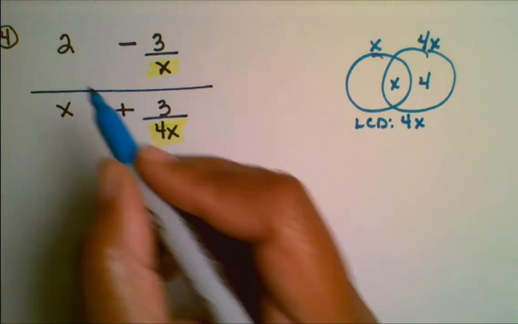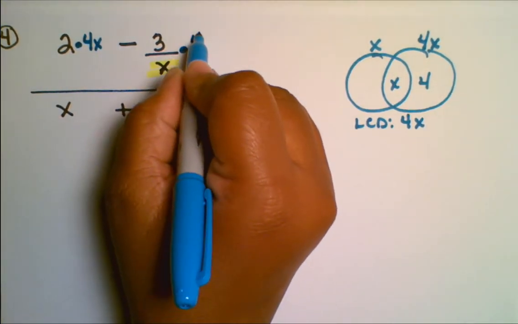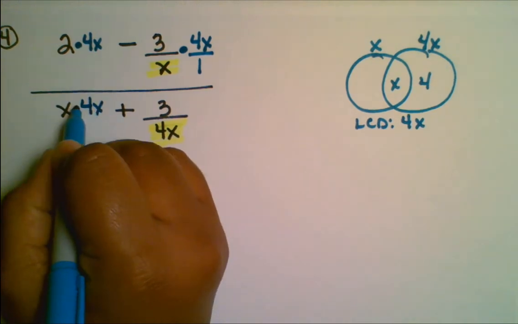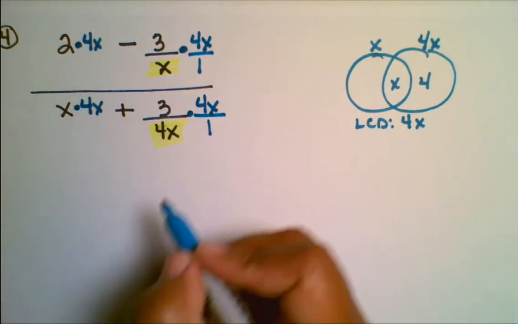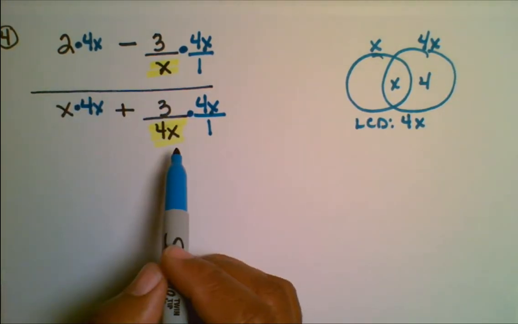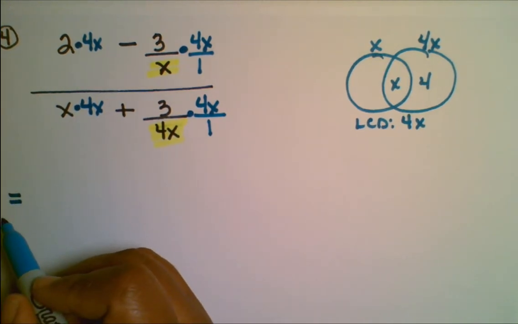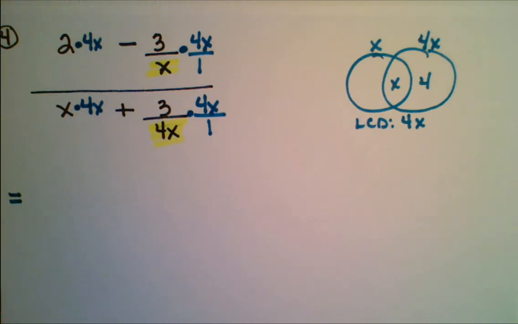So we're going to take the 4x and we're going to multiply it to every term we see. Every term. So you see that I applied 4x twice in the numerator, twice in the denominator. And then we're going to divide, either divide, reduce the fraction, or multiply.